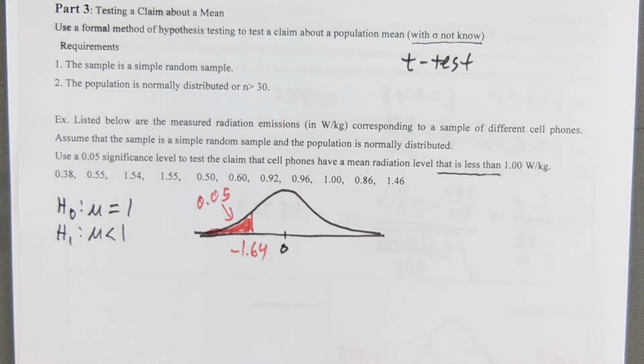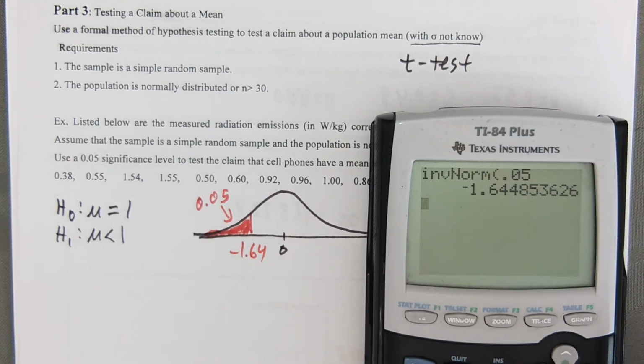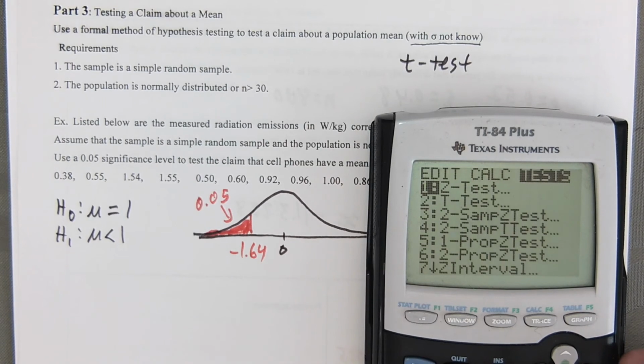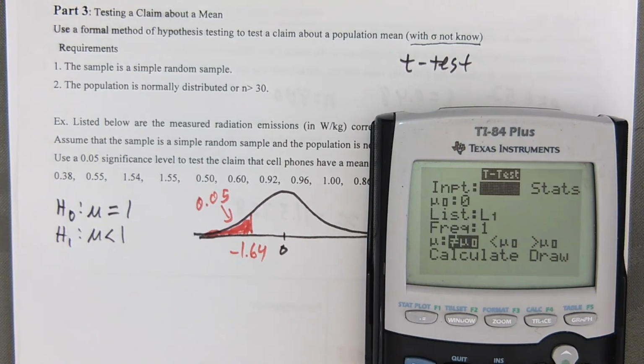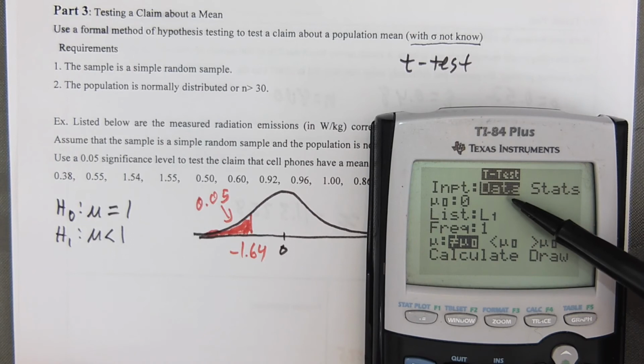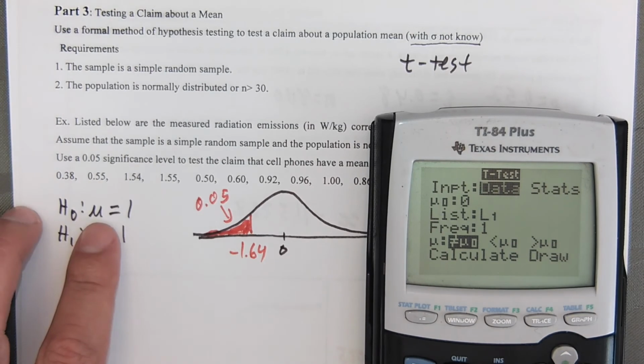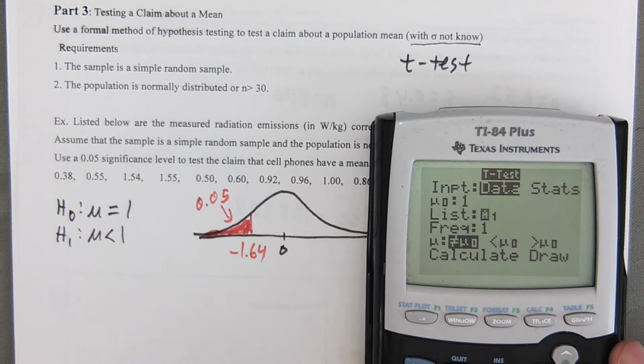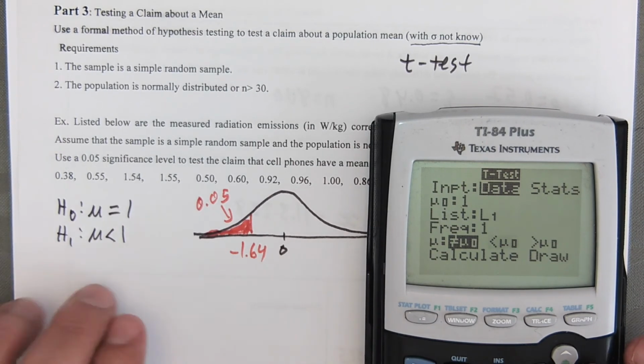Now, what I want to show you with the calculator, which is super cool, is once we put the data into the list, I go over to tests and the t-test. If I didn't have raw data, then I wouldn't use this. But here, my mu is going to be 1 in this case. The data is already in list 1, frequencies stay 1, and in this case, it's a less than here.